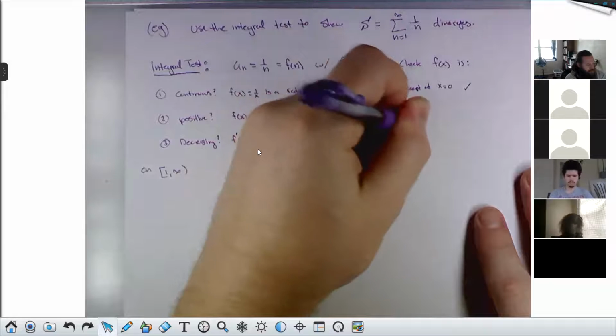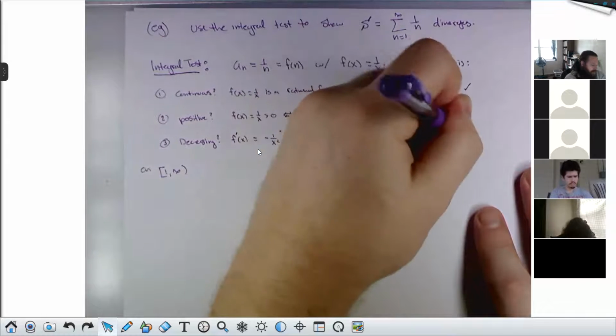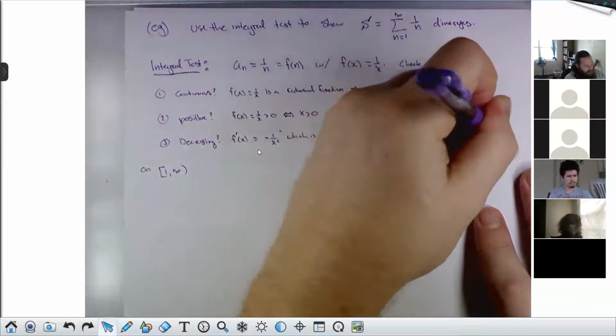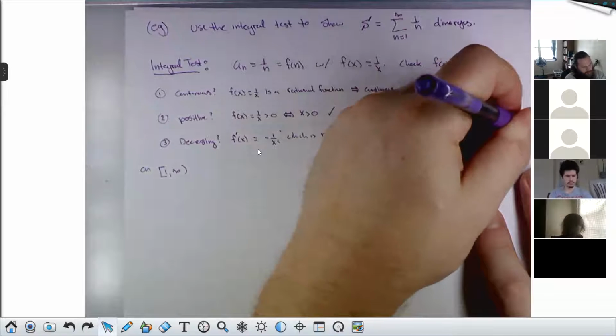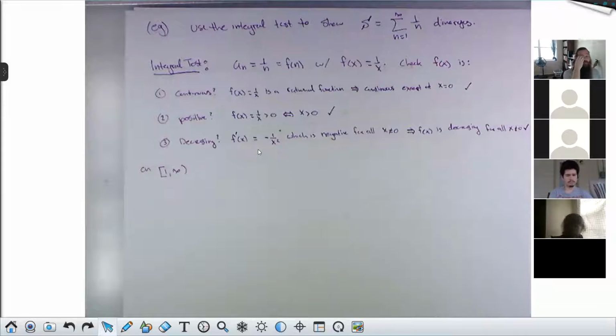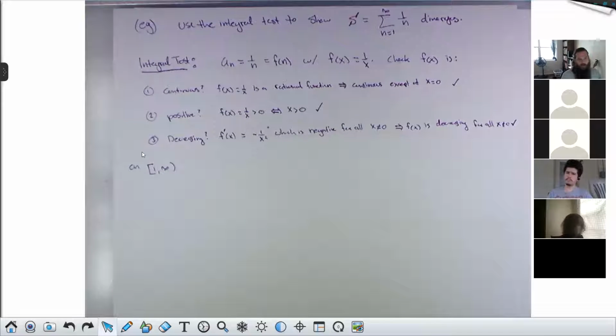And that means that the original function f of x is decreasing for all x except 0. All right, so if your derivative is negative, then you are decreasing. So yes, this function is continuous, positive, and decreasing everywhere on the interval 1 to infinity. So those conditions are met.